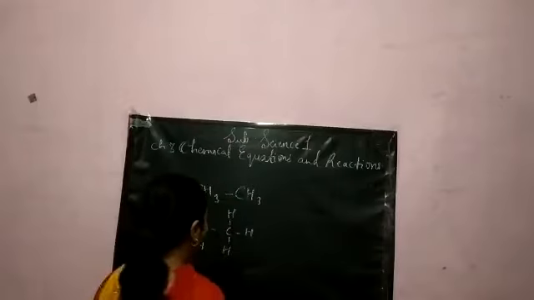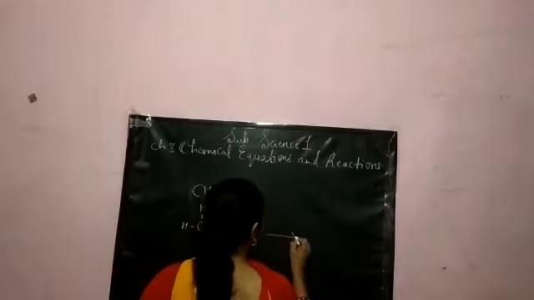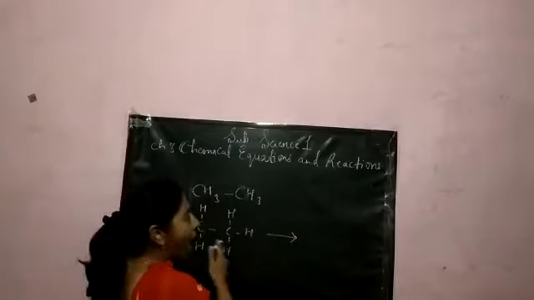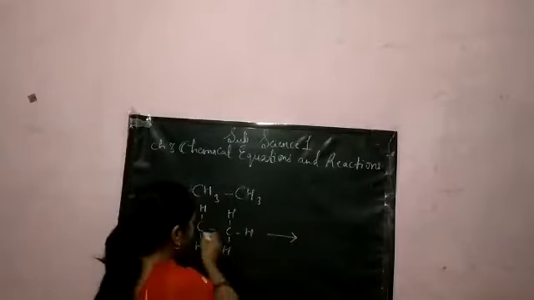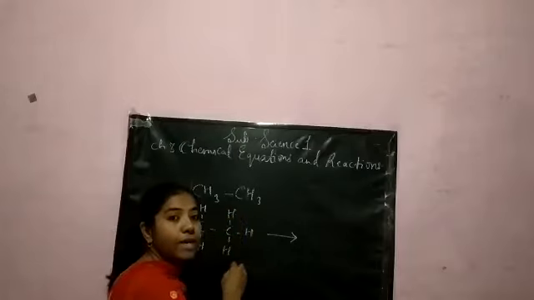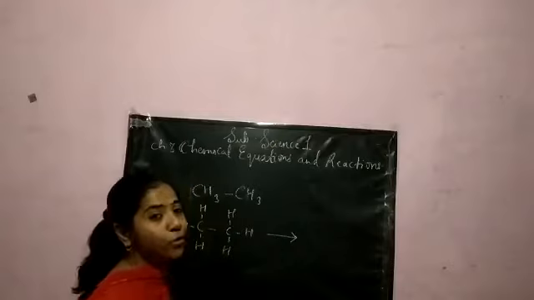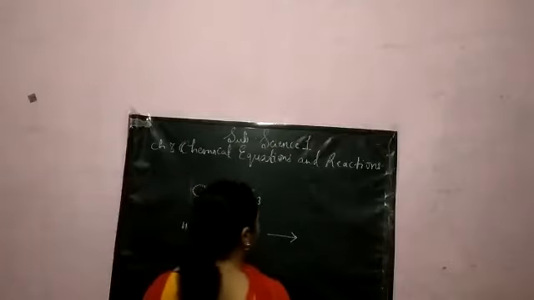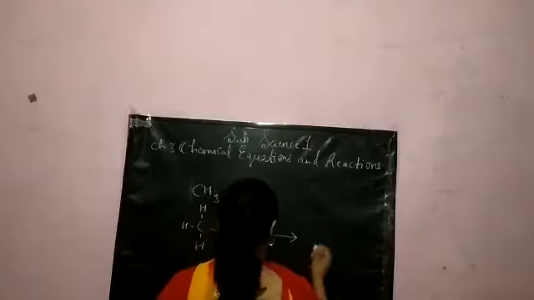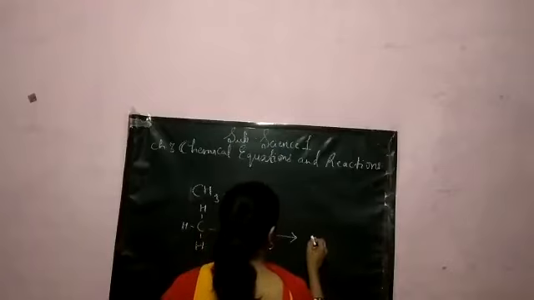So now whenever two hydrogen atoms from this ethane molecule are removed, then the oxidation will take place and it will result into formation of ethene, that is CH2 double bond CH2, like this.